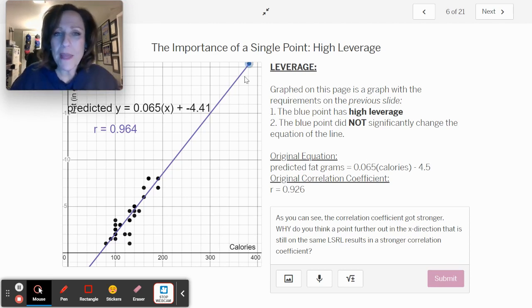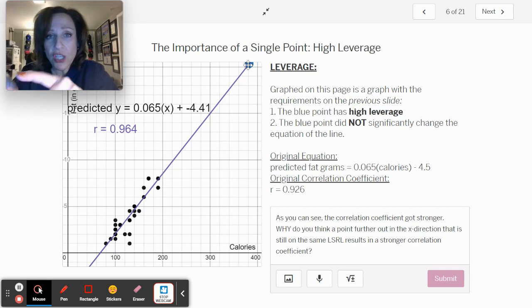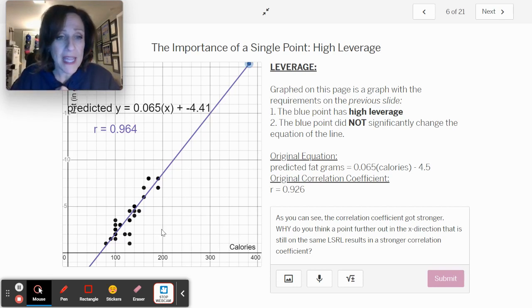That point being farther out here in the domain, in the future, in a higher calorie granola bar, verifies that over here in this small section, not only is the linear relationship happening in this vicinity, but this granola bar here verifies that that trend continues for a larger domain.